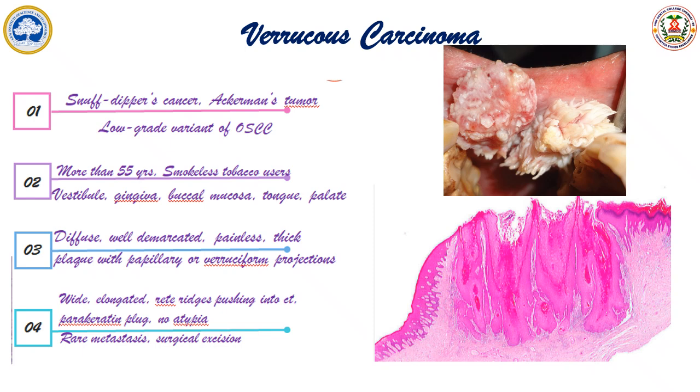Whereas in verrucous carcinoma, the endophytic growth is seen pushing into the underlying connective tissue stroma, but no obvious invasion will be seen. There is no breach in the basement membrane. It is seen as elephant foot-shaped rete ridges showing endophytic growth into the connective tissue stroma without frank invasion or metastasis.